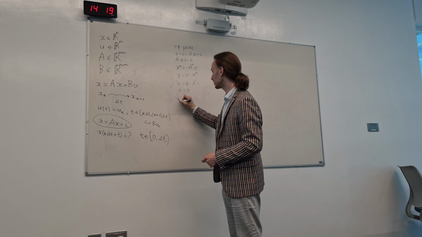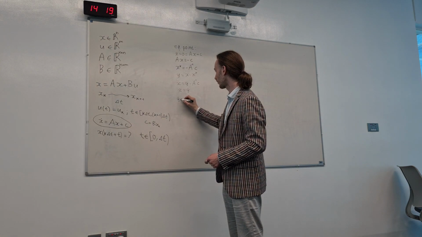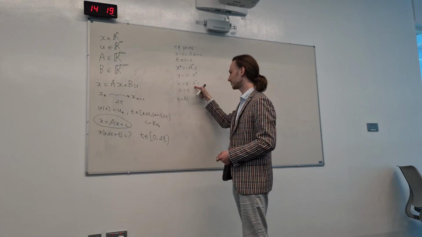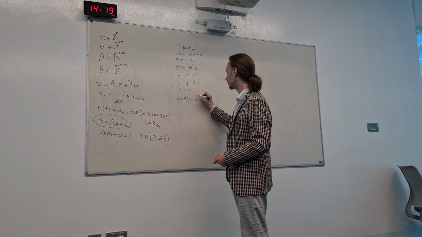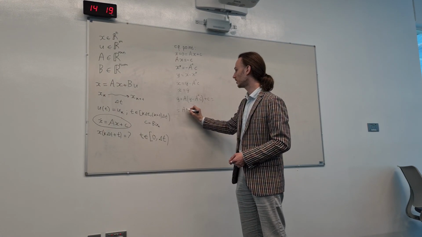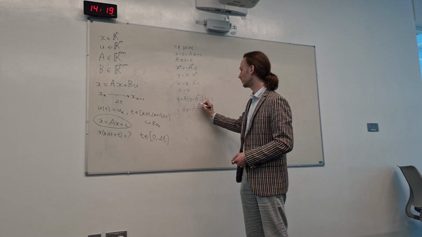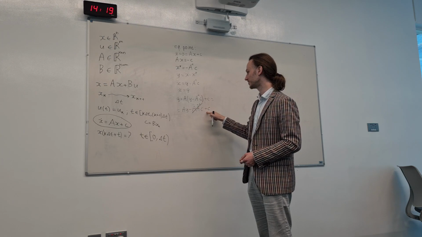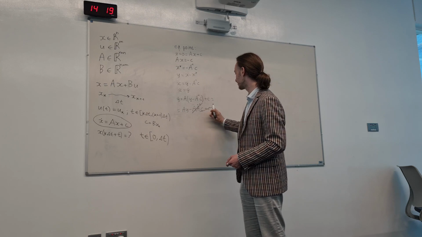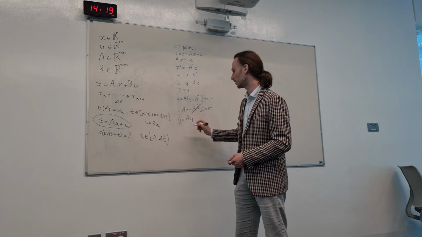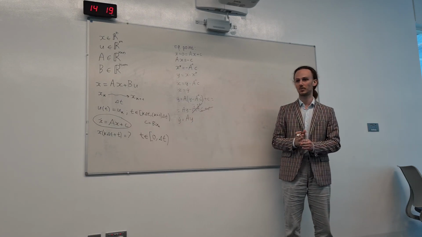So y dot is equal to A times x, and x is this expression over here: y minus A inverse c, plus c. You see where it's going, right? So it's Ay minus A A inverse c plus c. The A and A inverse cancel out, so we get just minus c plus c. They cancel out, and what we get is just y dot being equal to Ay. So we have simplified that equation.